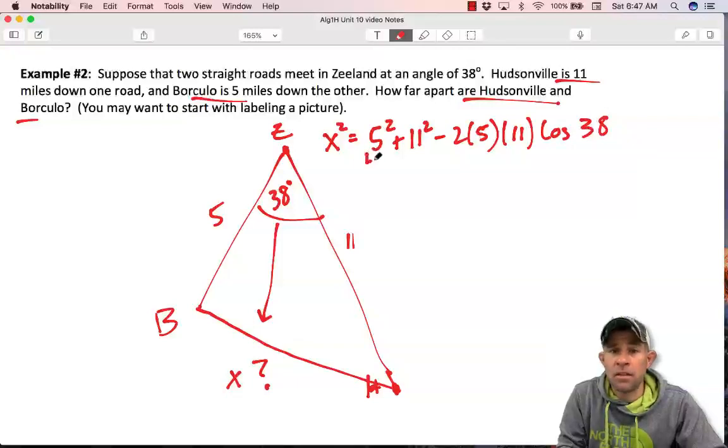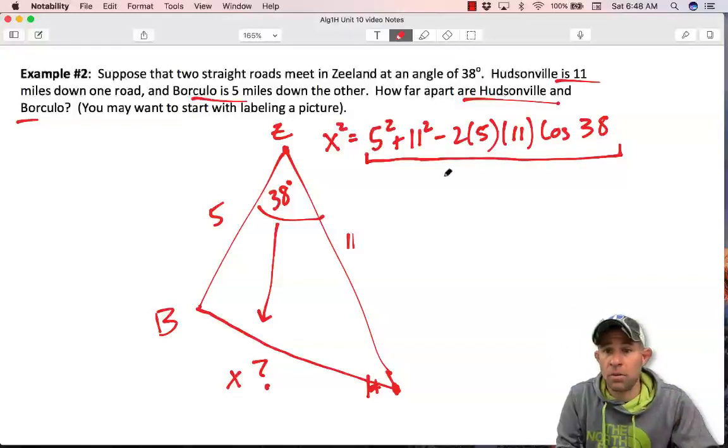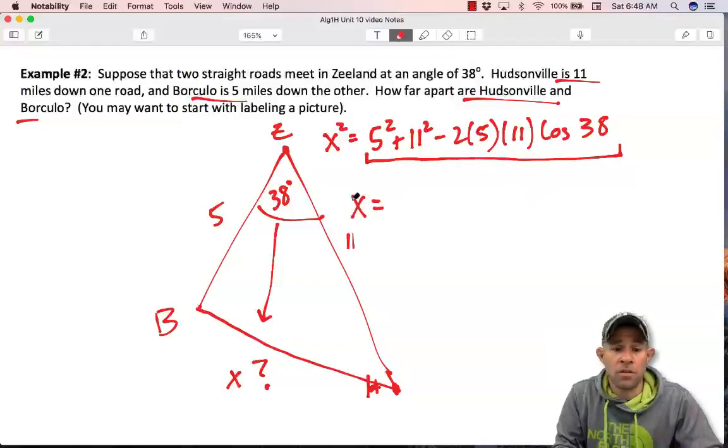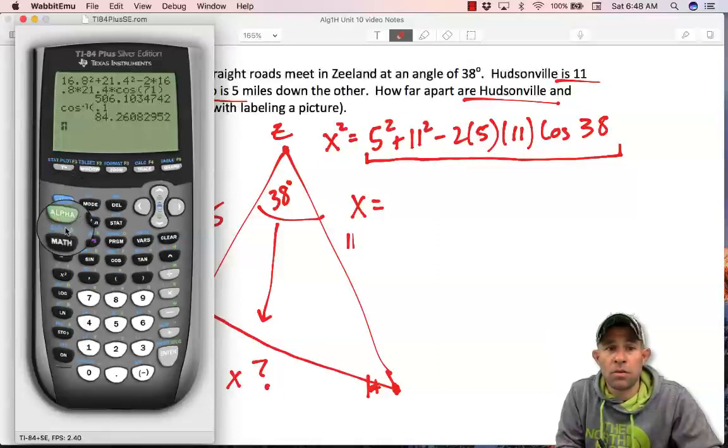And again, this one, when we're trying to find the side length, is a really nice problem because I can just put that all into my calculator at one time and have my calculator spit that answer out. So let's go to that calculator here. I'm actually going to do the square root to start us off. So here we go. Here's my square root.